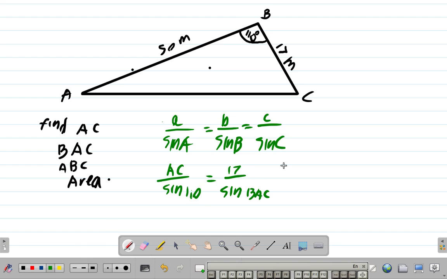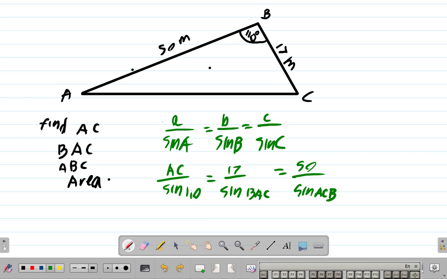Alright, back to this now. Is equal to 50 divided by the sine of angle ACB. Alright, if we put these two together to form an equation, it wouldn't really help us that much, because we'd have two unknowns.